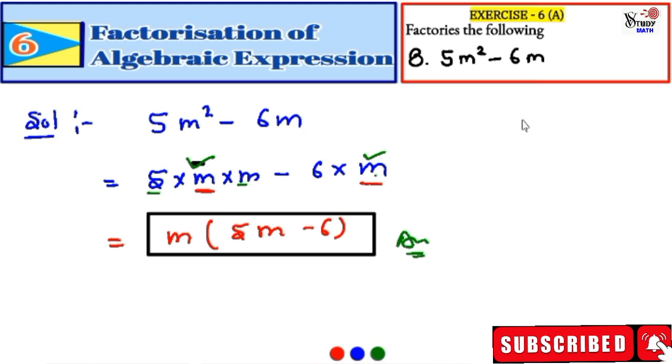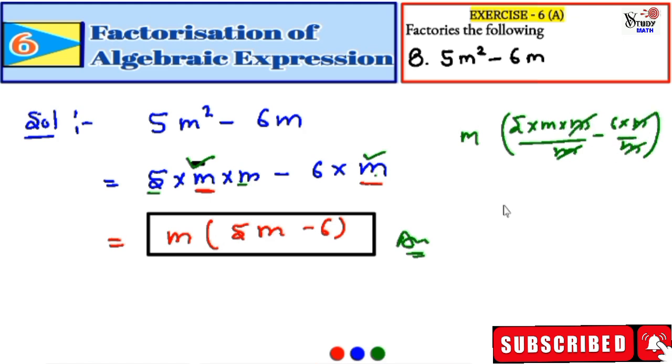You can also do it this way: m multiply m divide by m, 6 multiply m divide by m, and from here we take m as common. So this m and this m cut one time, and this m cuts one time, then we have m, 5m minus 6. This is a very basic way to solve this problem, to make a strategy of how to take the commons.